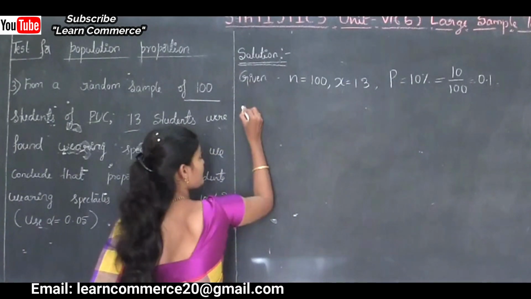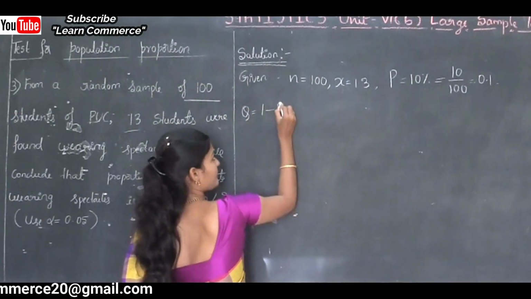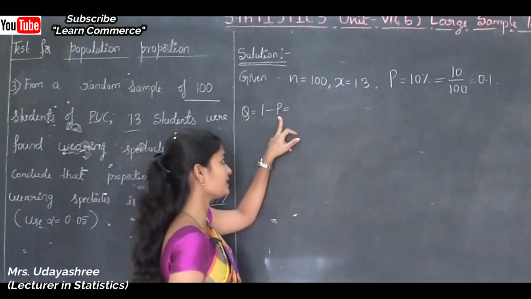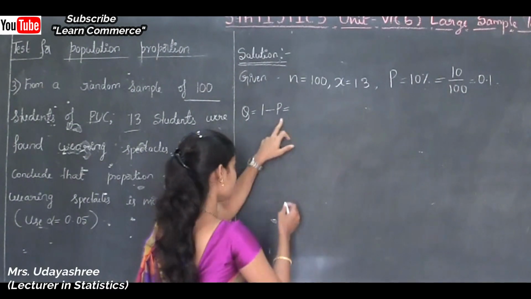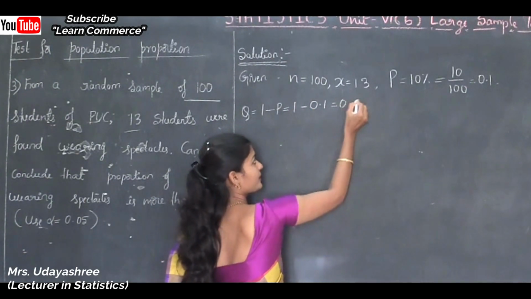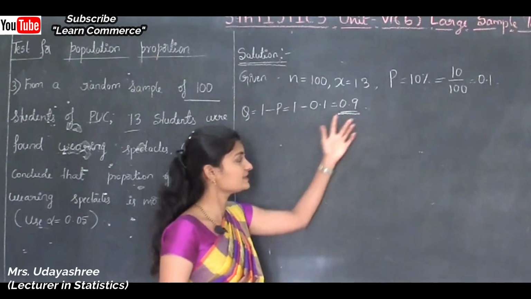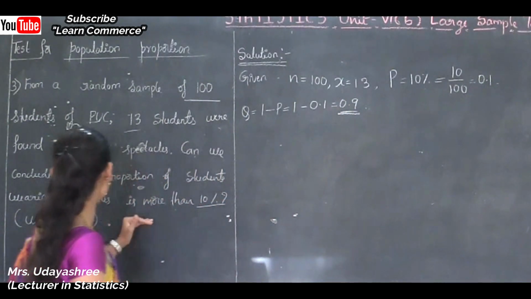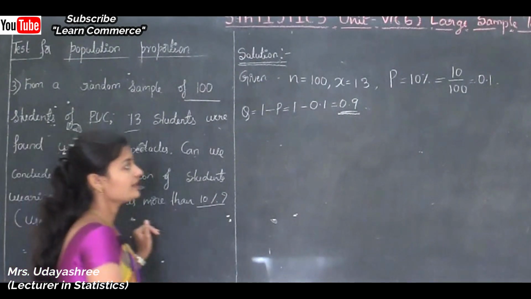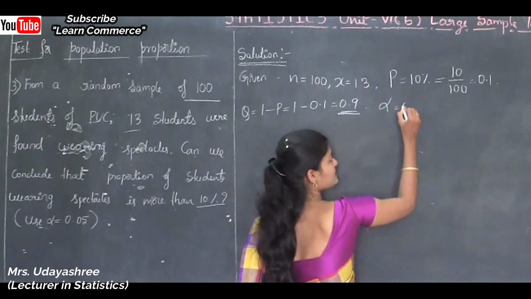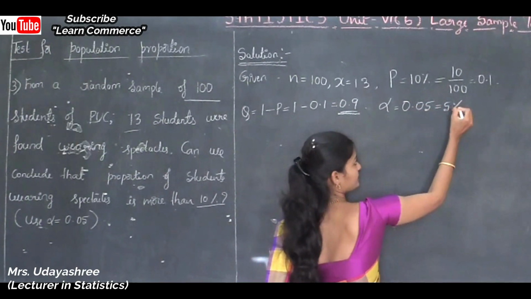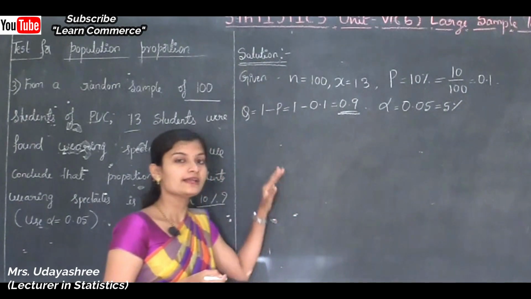Q is 1 minus capital letter P, so substituting the value, Q is 0.9. Next, use alpha is equal to 0.05, that is 5%.